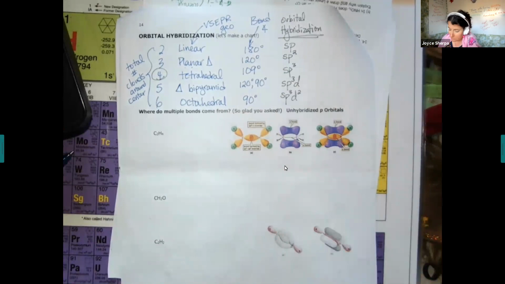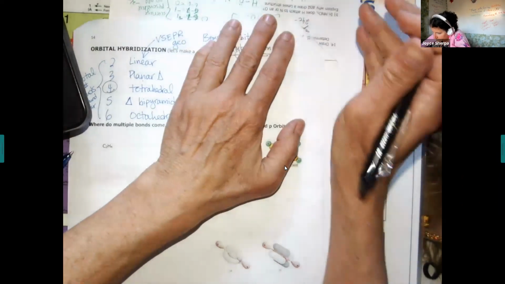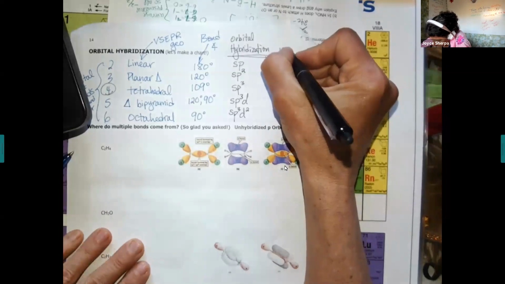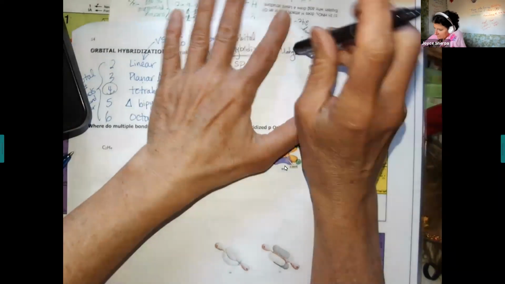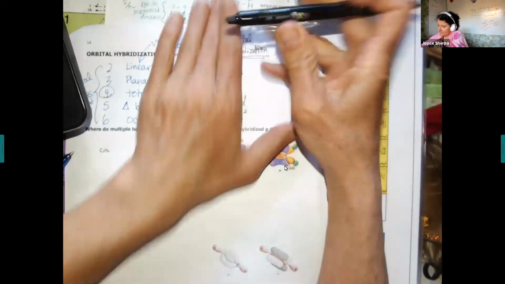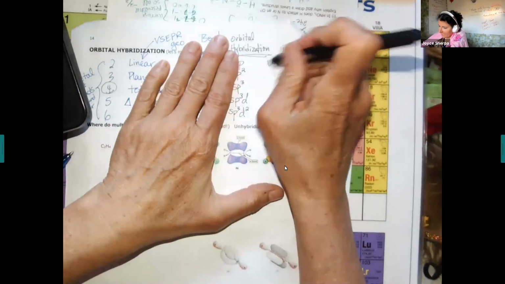So we're going to make one more column. Hopefully you left room for one more column. Unhybridized orbitals. Let's write sideways. Nope, that's not going to work.